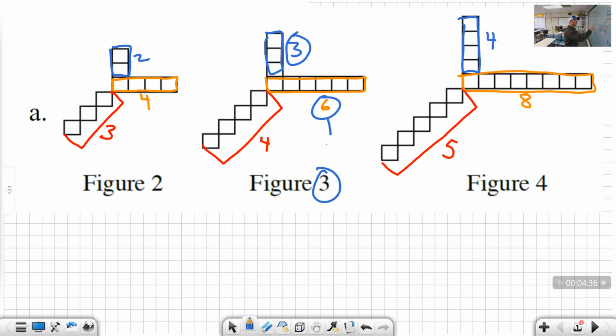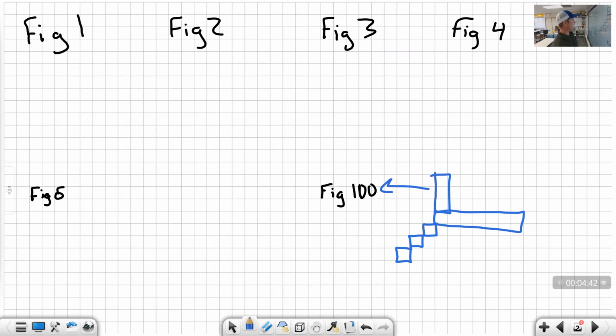The width, what is the relationship? What is the relationship on the diagonal? That is the key to knowing how to do the 100th figure. For this generic 100th figure, all you need to do is label how tall, how wide, and how big the diagonal is. This is enough of an explanation. Go ahead and pause the video while you finish this drawing.